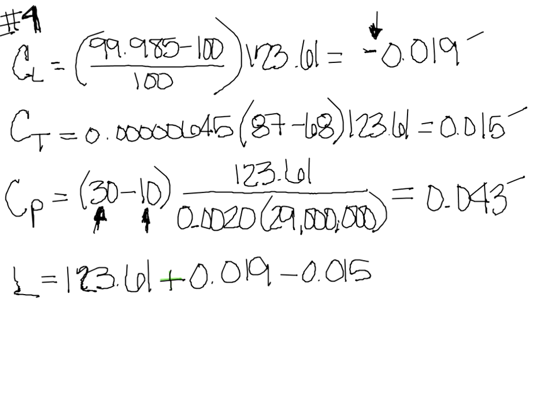So we are pulling more than the amount of pull that was placed on the tape when it was constructed. That makes it a long tape because you're stretching it. Okay, so minus 0.043. Those are the only corrections that we have to apply.